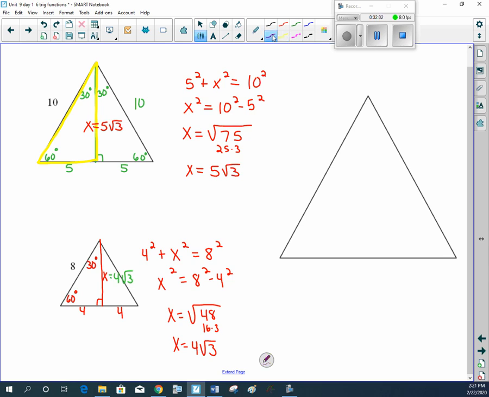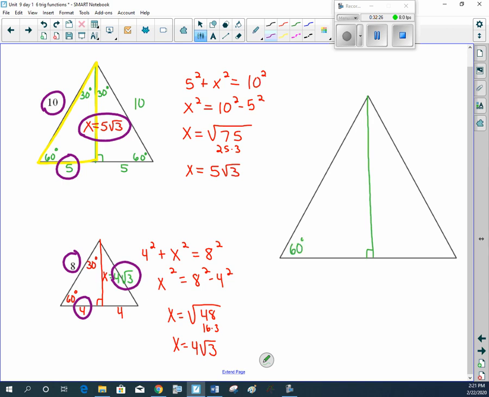Let's do that one. So here was a side, here was a side, and then there was the side. Down here, it looks like side, side, and then side. So if you look at this, when I draw the altitude down, this is my 60 degrees, this is my 30 degrees.